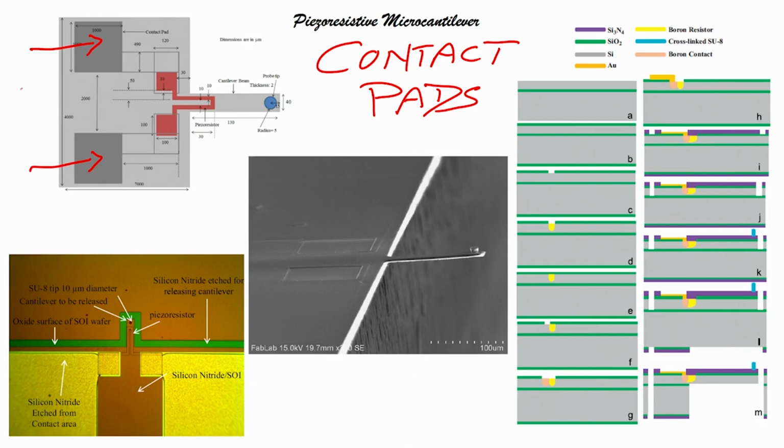If I put a multimeter between these and measure the resistance, then I will see that depending on how much force we are applying, there is a change in resistance that we can measure using the contact pads. Now, to measure the resistance through these two contact pads, we have to use either a process called soldering or a process called wire bonding.